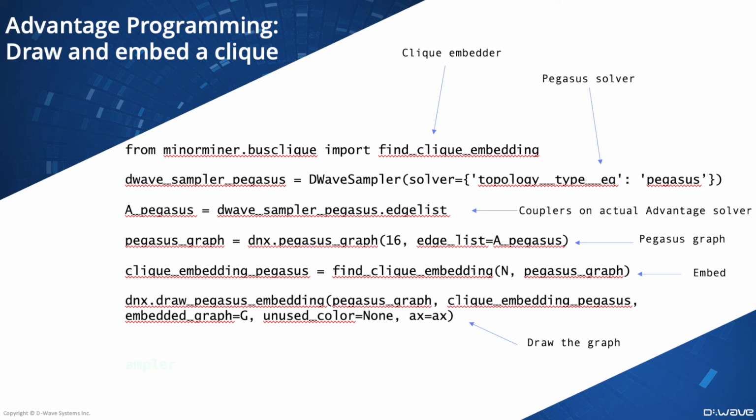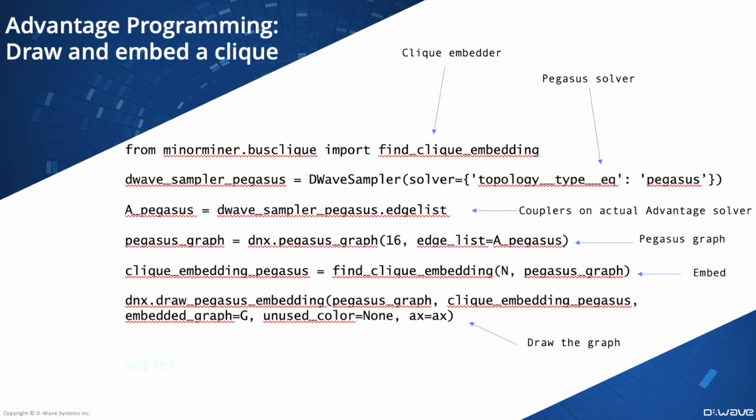And here's some code that shows a little bit of what you can play with and what you can do. In this case, to draw and embed a clique. The first line, minorminer, in use here, the busclique new software to do the clique embedding algorithm that I talked about in the previous presentation, and for cliques an improvement to the Cai-McCready-Roy algorithm.